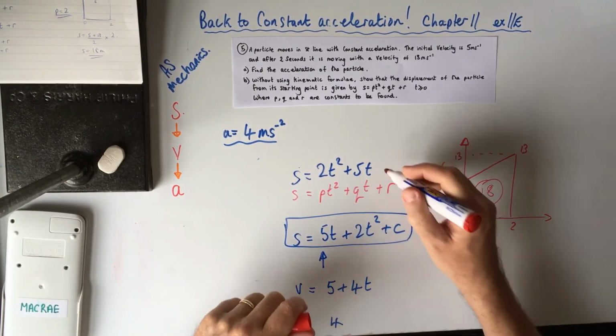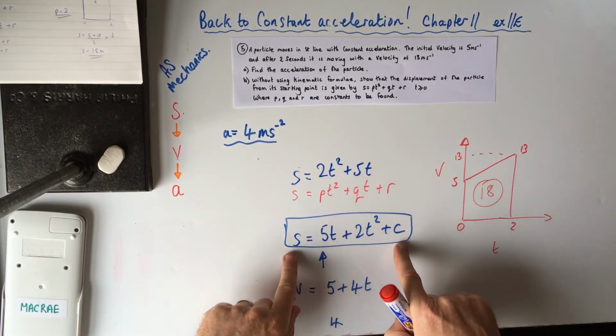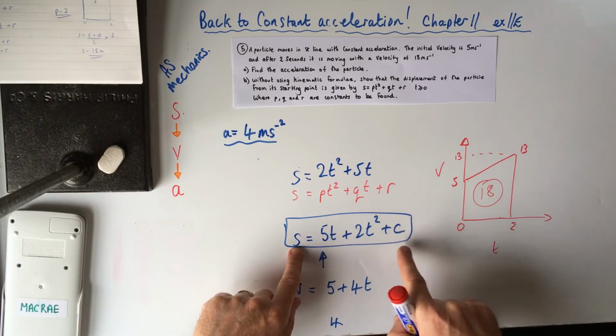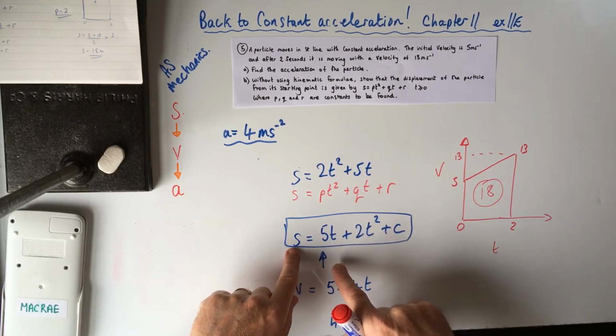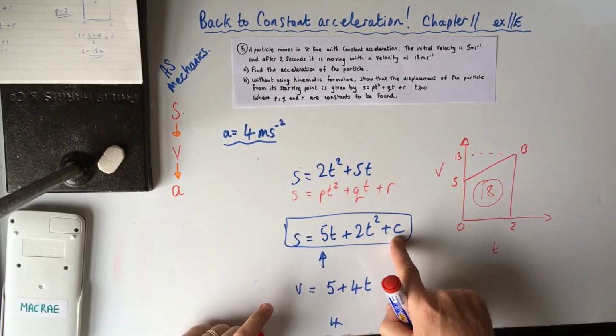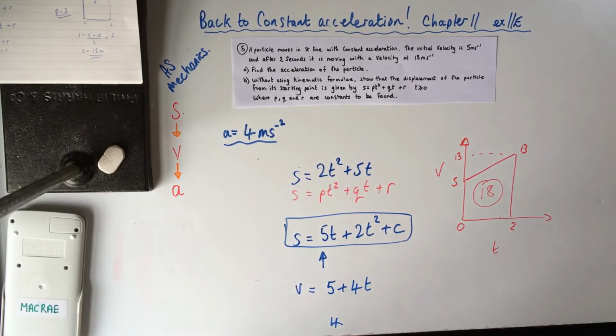If you still had the constant c on the end, with 18 in there and t is 2, all of that will be 18 as well, which makes your constant c 0 as well. You can do it that way if you want from this little diagram.